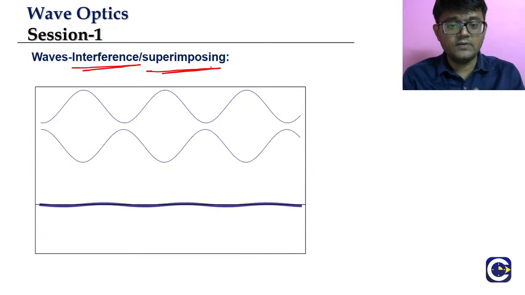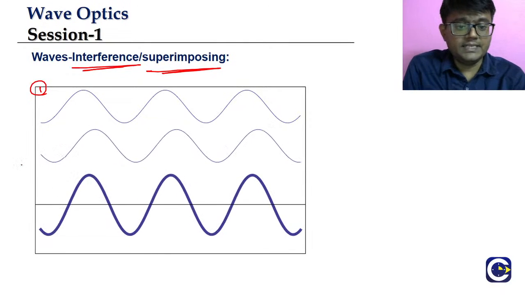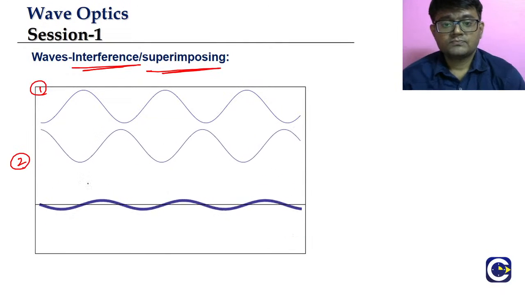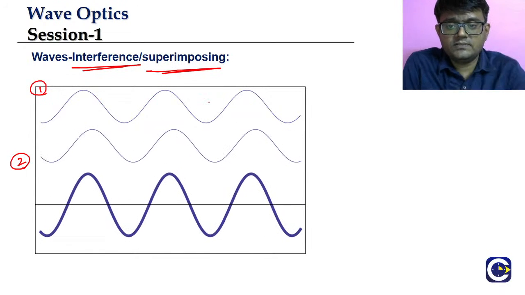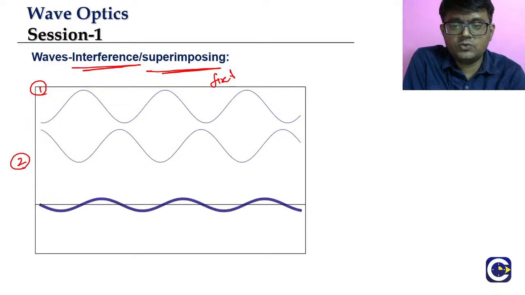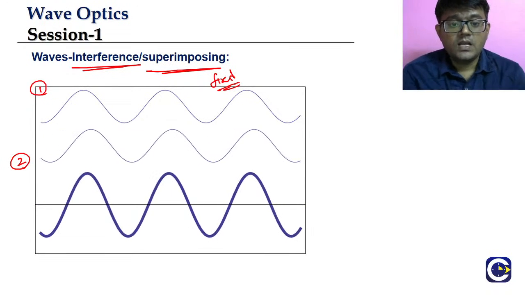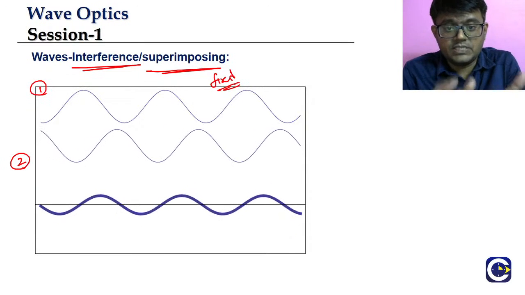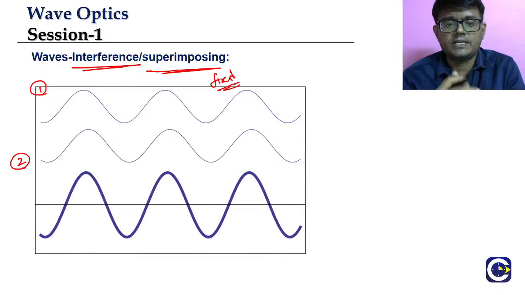Say for example, you have here wave 1 and there is a wave 2. Now wave 1 we are keeping fixed, to better visualize how interference can be understood, and the wave 2 pattern we are changing.